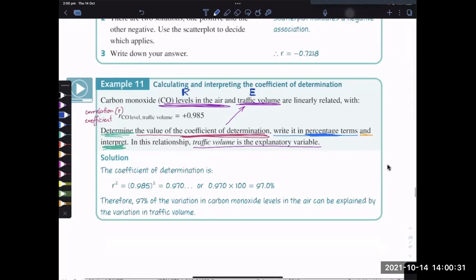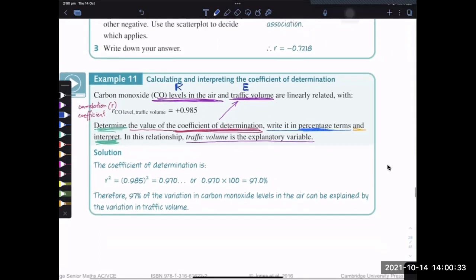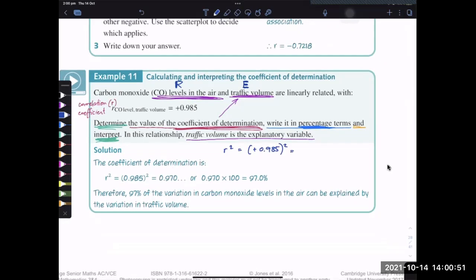So to determine the coefficient of determination, we need to find R squared. So that's 0.9, well, you can chuck the positive in as well if you wanted to. Square it. And just looking at the bottom here, you can put it in your CAS, is 0.970.